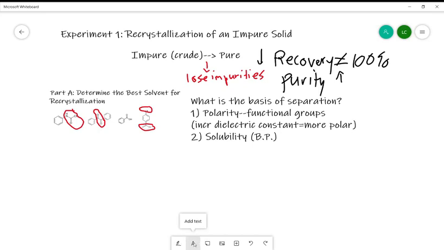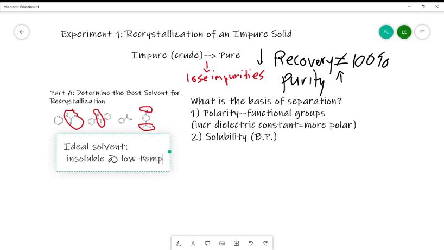So basically, your ideal solvent would be something that is insoluble at low temperatures. So basically room temperature or like 0 degrees Celsius, something just cold.